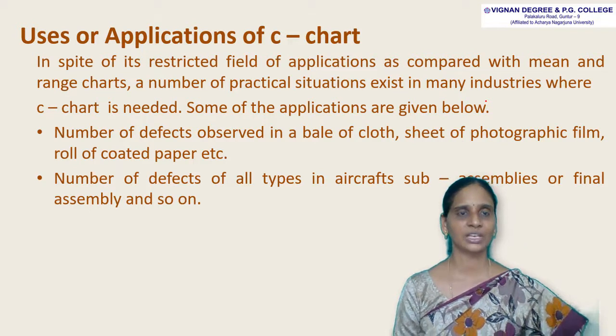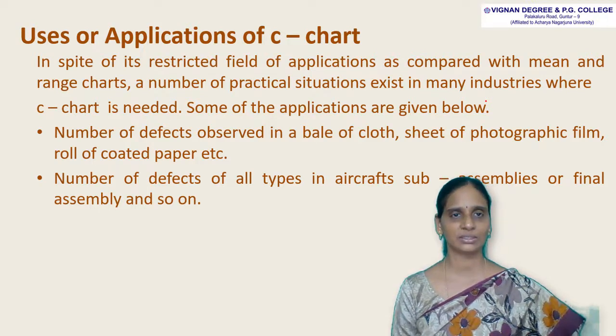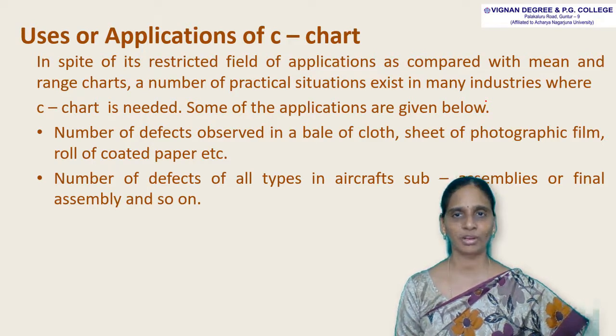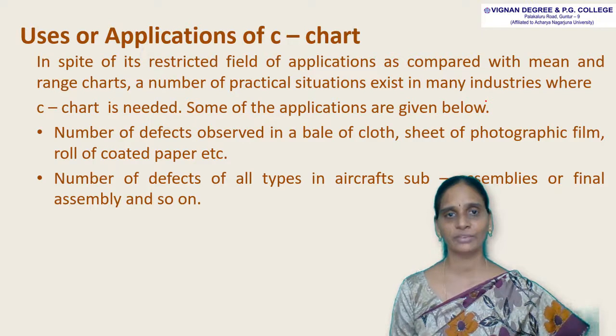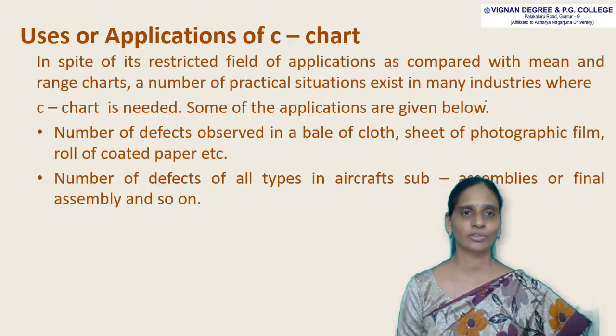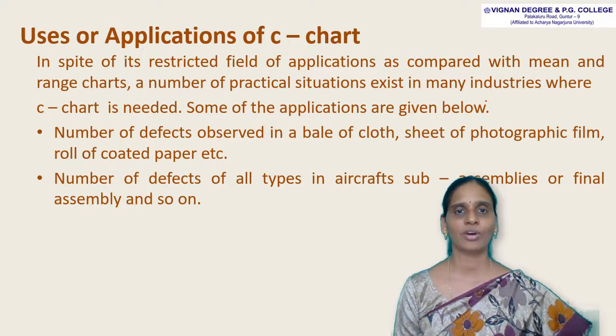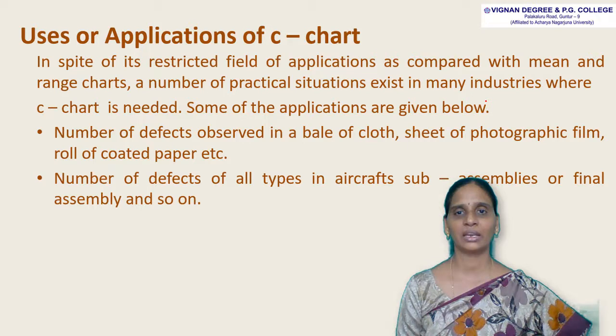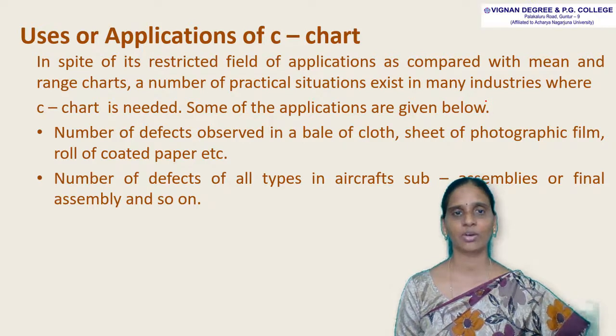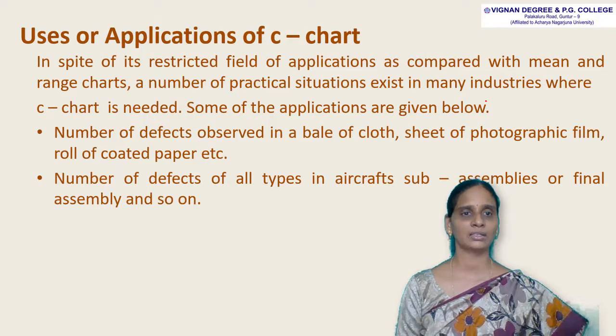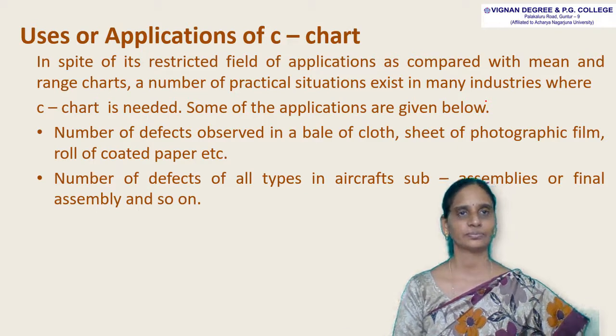The first application is the number of defects observed in a bale of cloth, sheet of photographic film, roll of coated paper, etc. The second application is the number of defects of all types in aircraft sub-assemblies or final assembly and so on.